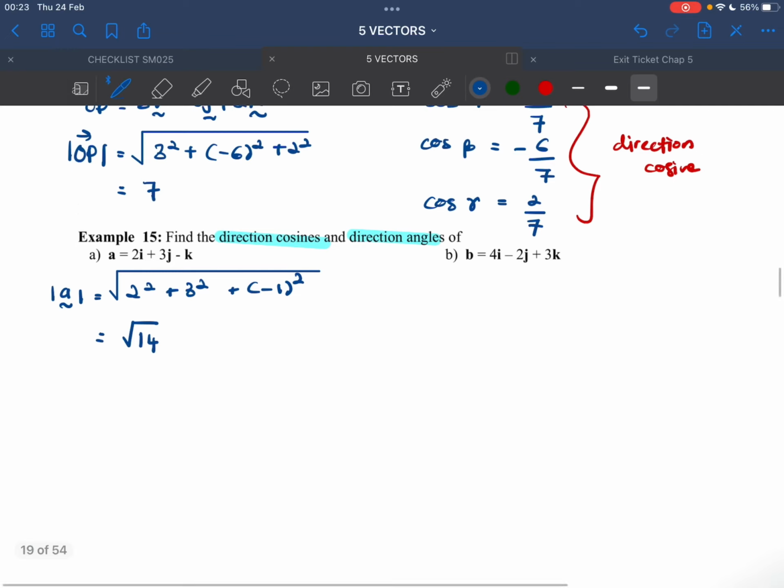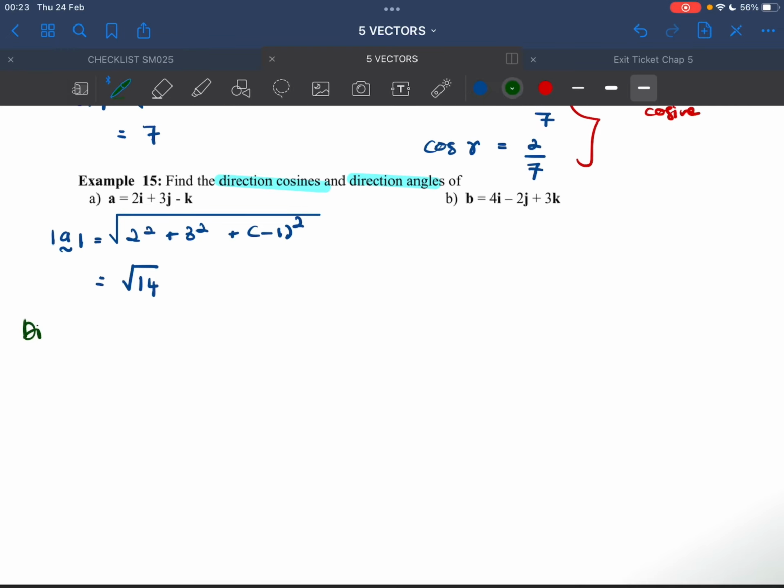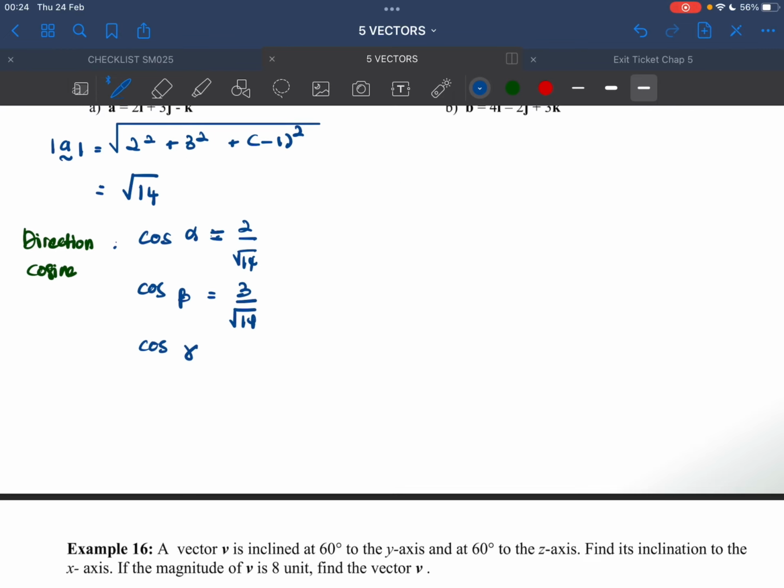Now to find the direction cosine, we simply divide the vector components by the magnitude. So cos alpha equals 2 over square root 14, cos beta equals 3 over square root 14, and cos gamma equals negative 1 over square root 14. So that is your direction cosine.